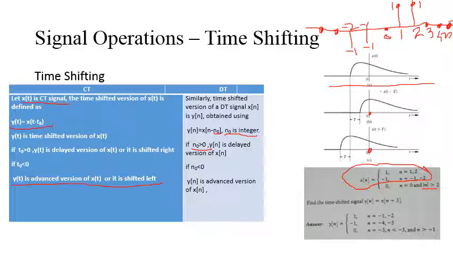Now find the time shifted signal y[n] such that y[n] equals x[n+3].